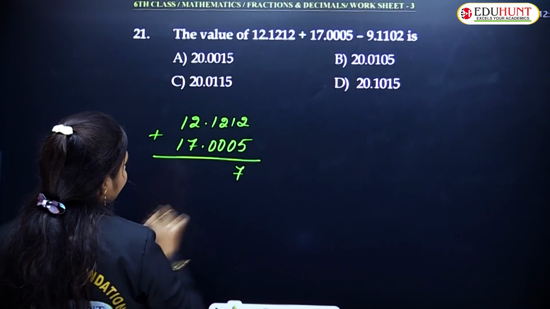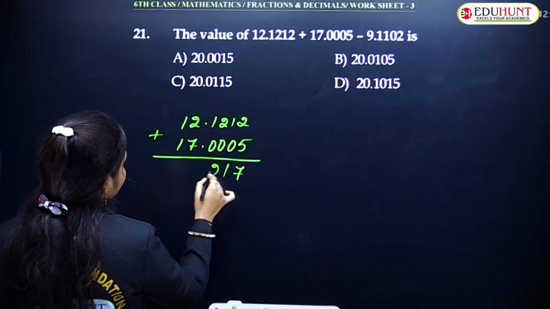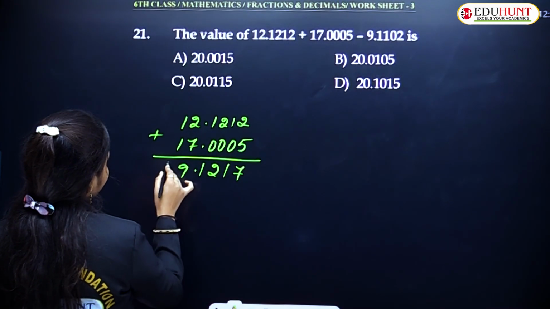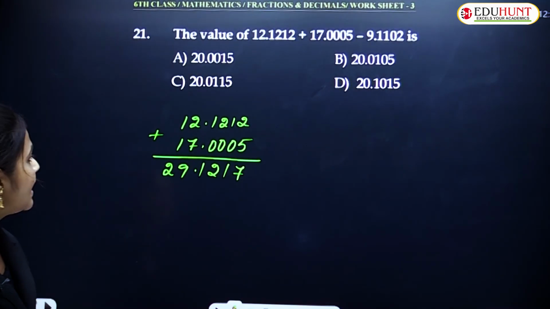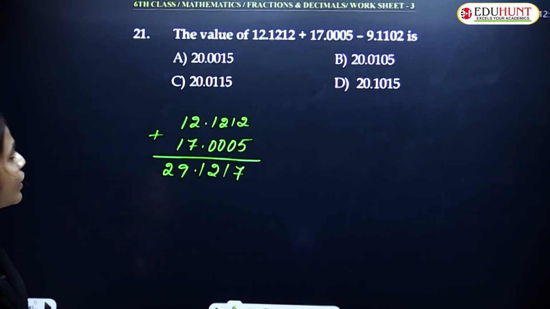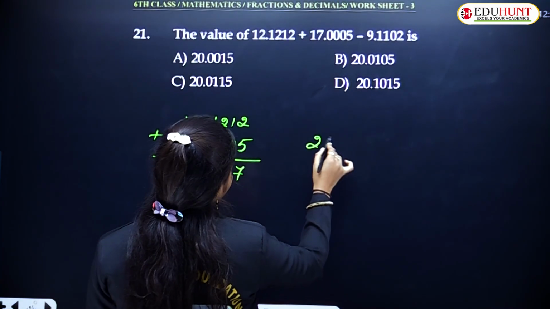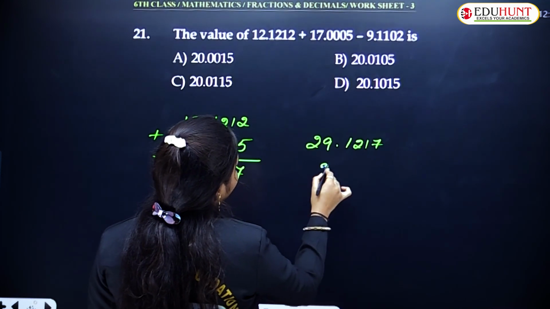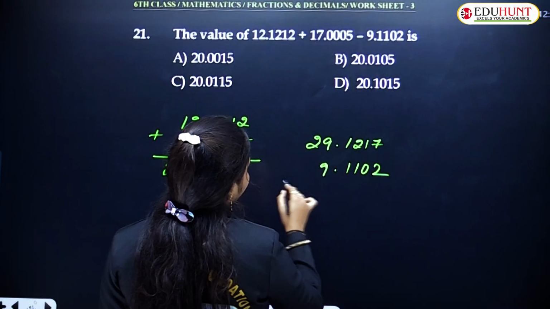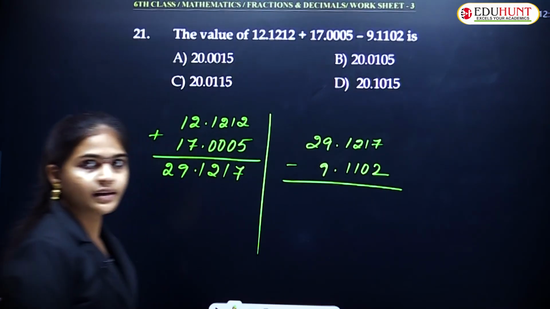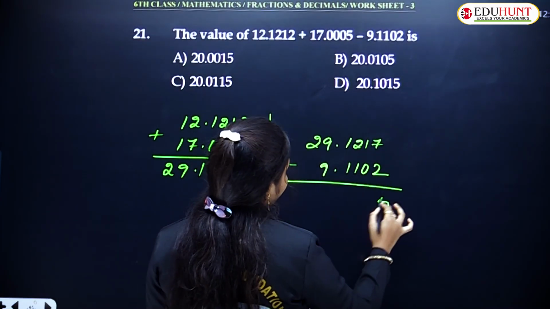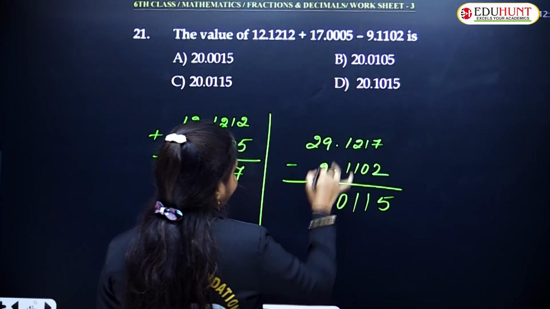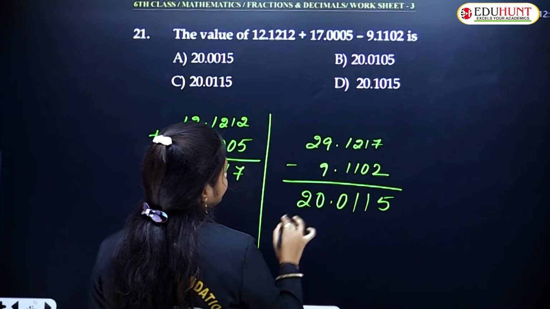2 plus 5 is 7, 1 plus 0 is 1, 2 plus 0 is 2, 1 plus 0 is 1, 7 plus 2 is 9, 1 plus 1 is 2. So 29.1217. Okay, from this you have to subtract 9.1102. 7 minus 2 is 5, 1 minus 0 is 1, 2 minus 1 is 1, 1 minus 1 is 0, 9 minus 9 is 0, 2.